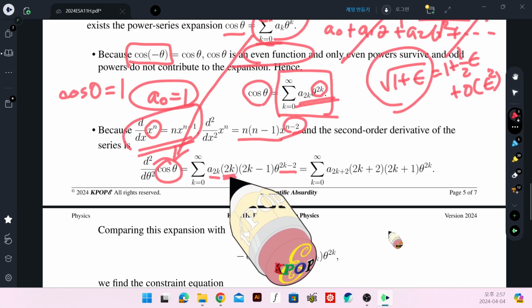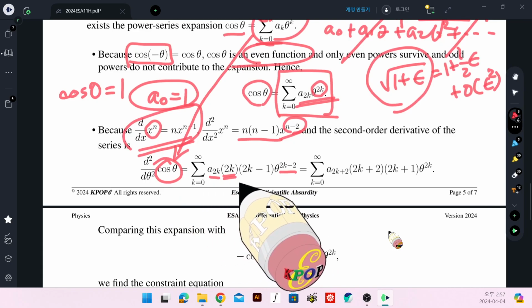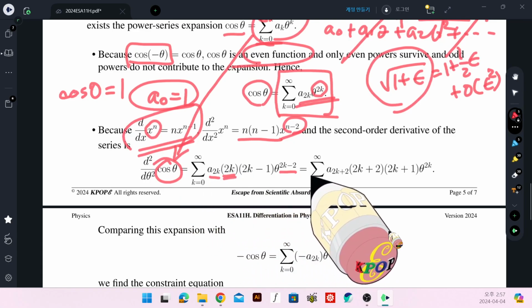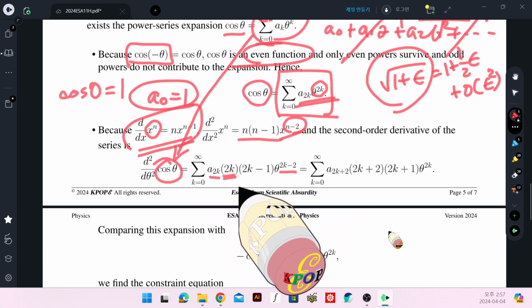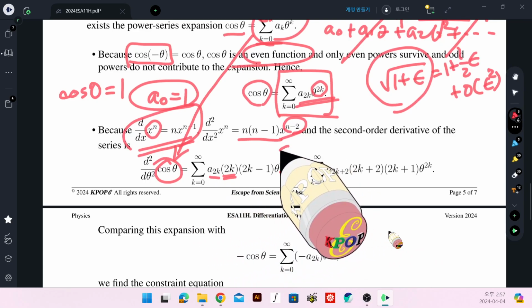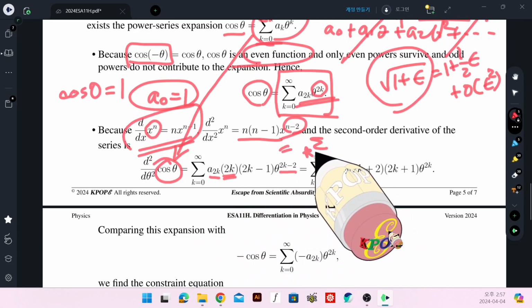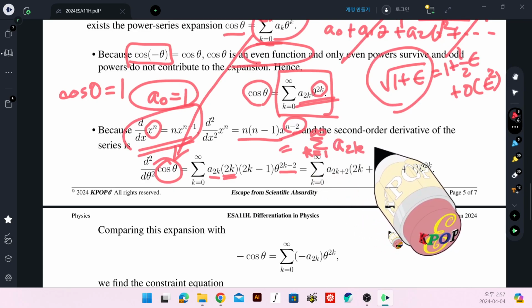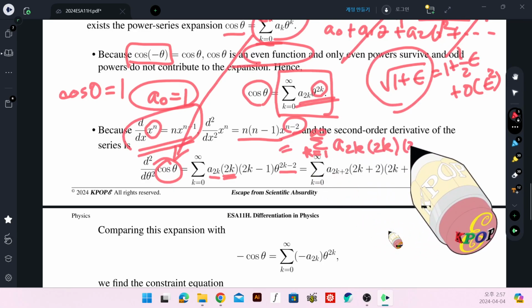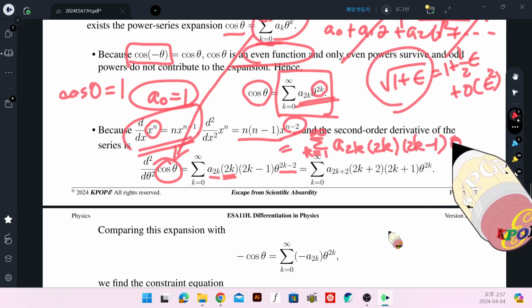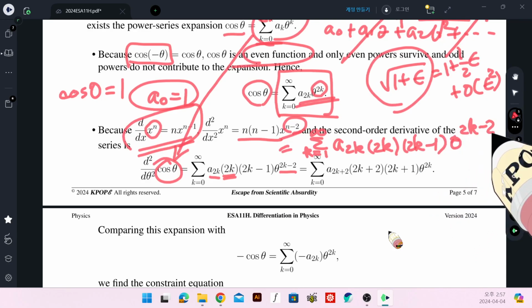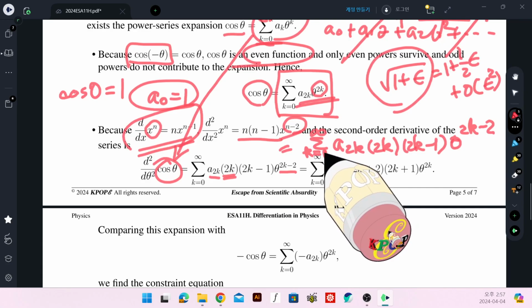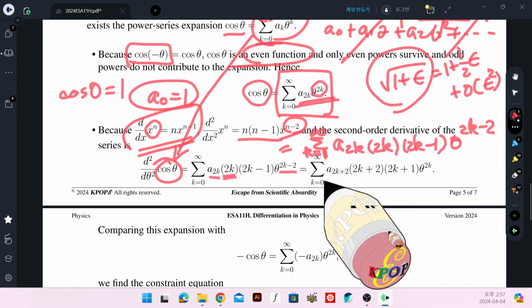So it's better to shift this k by 1, because it is equivalent to k running from 1 to infinity, a 2k, 2k, 2k minus 1, theta to the 2k minus 2. I'd like to replace this one with 0.